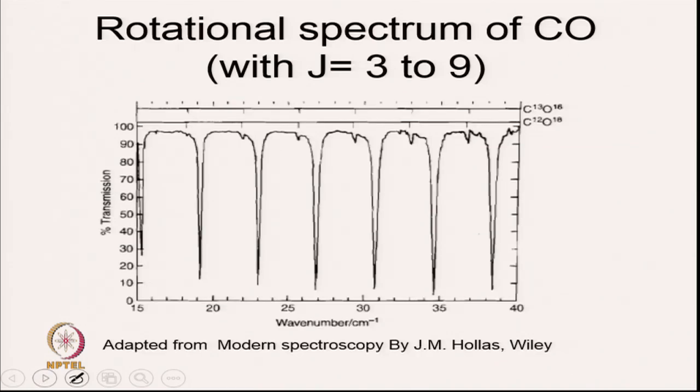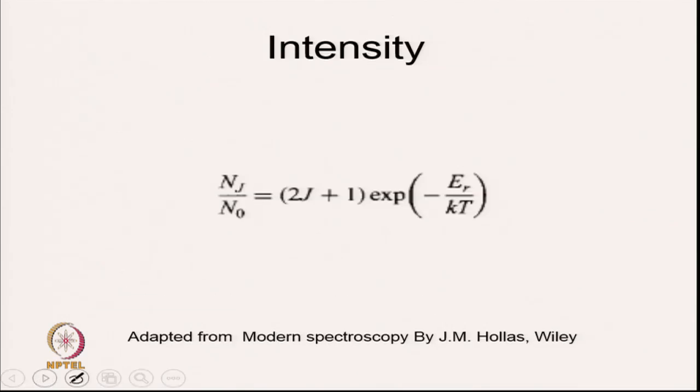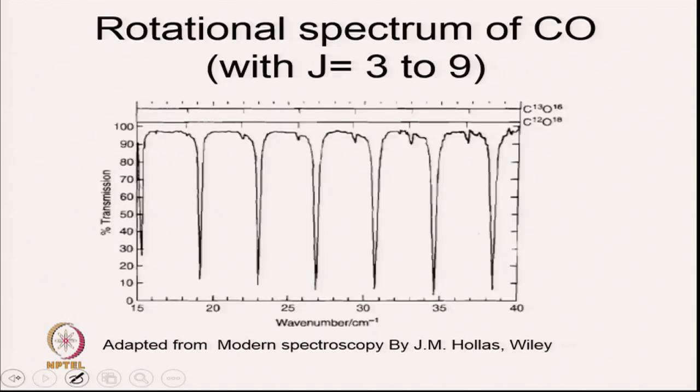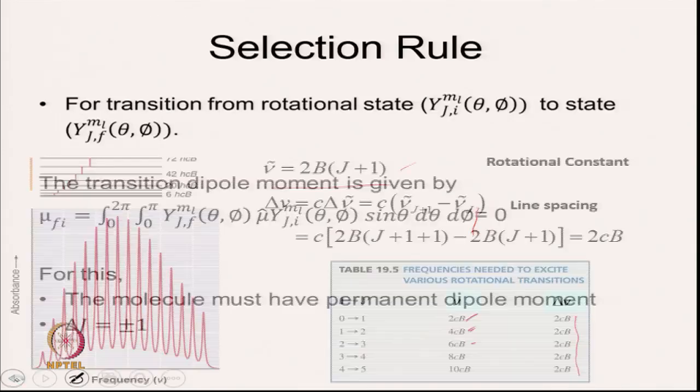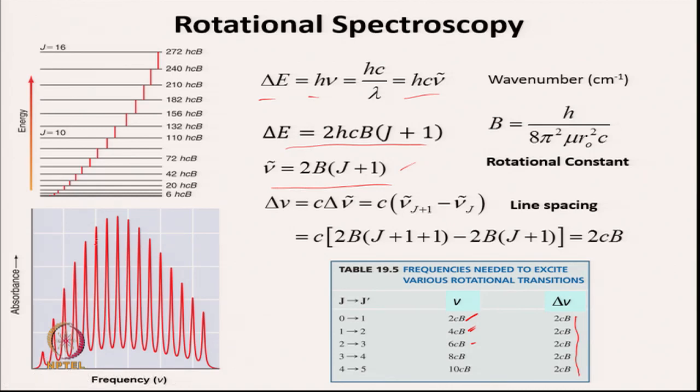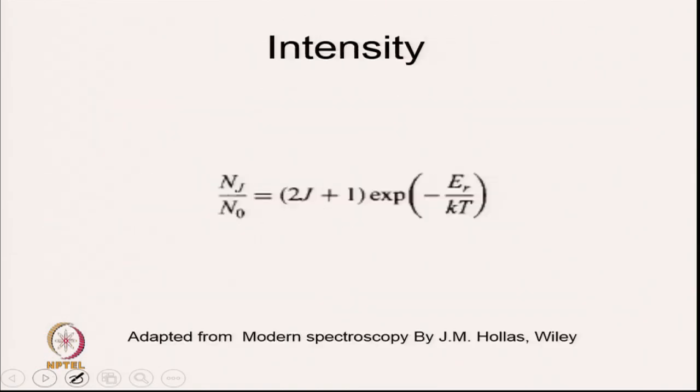This is the rotational spectrum of CO, and you can see this is for J equal to 3 to 9, and this is what has been obtained. And if you notice the intensity, it is first going up and then going down. Now, how to explain this phenomenon in rotational spectroscopy?